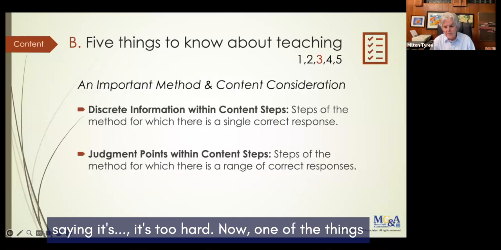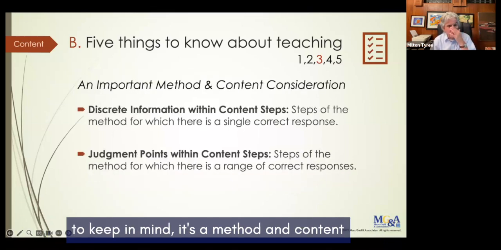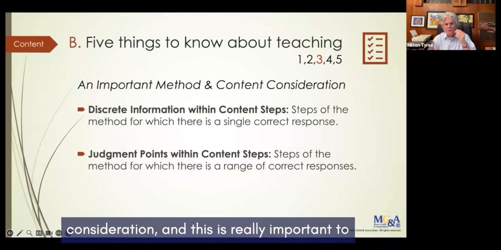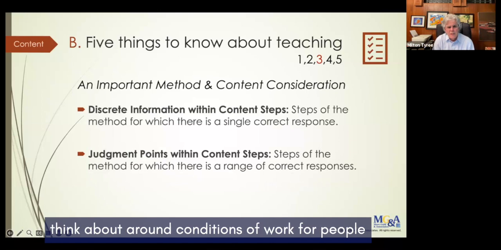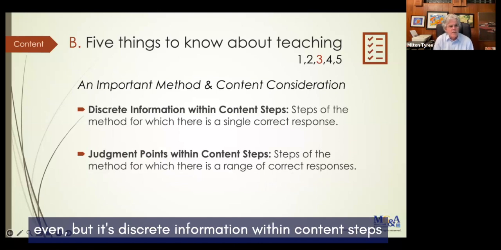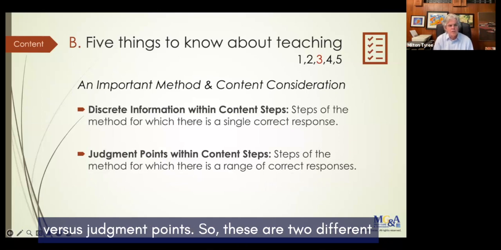Now, one of the things to keep in mind, it's a method and content consideration. And this is really important to think about around conditions of work for people even, but it's discrimination within content steps versus judgment points.